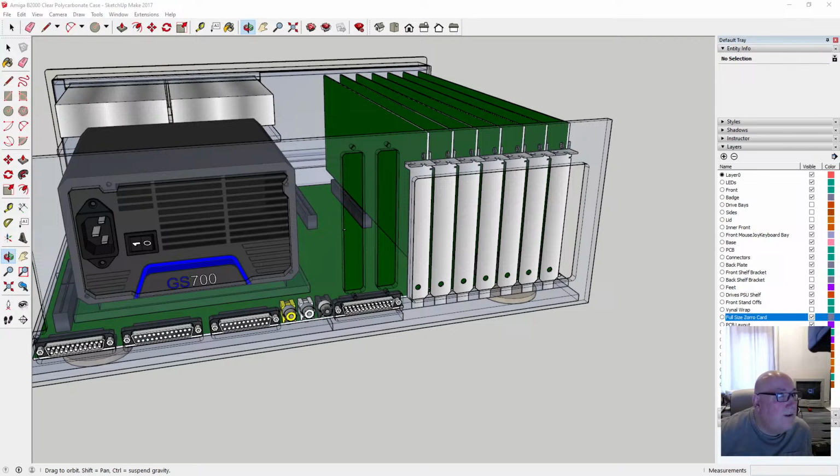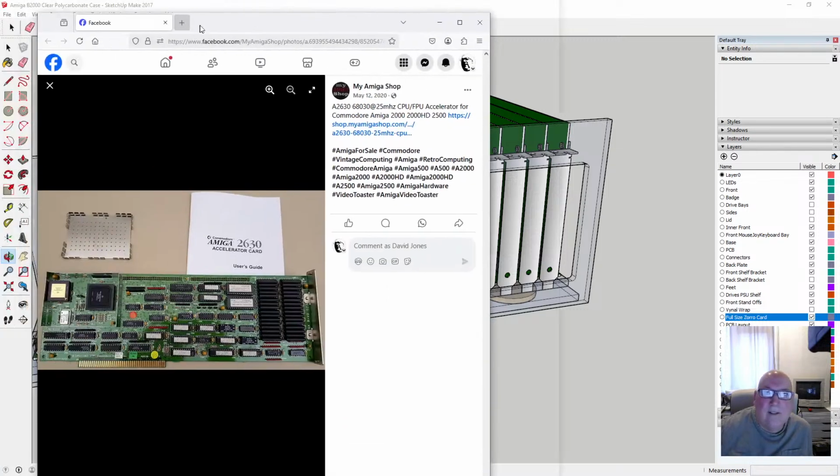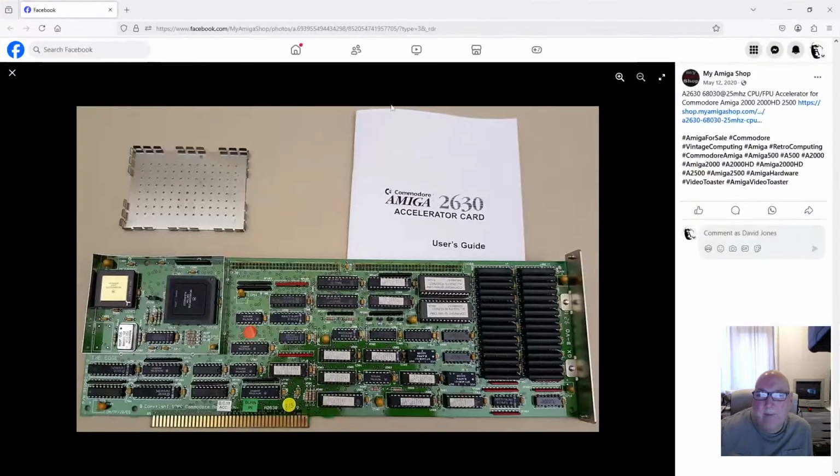Right, yeah, that's an official card. So let's bring that over here so I can see it. Oh, my Amiga shop has got a card. It's an Amiga 2630. It's got shielding that it took off.